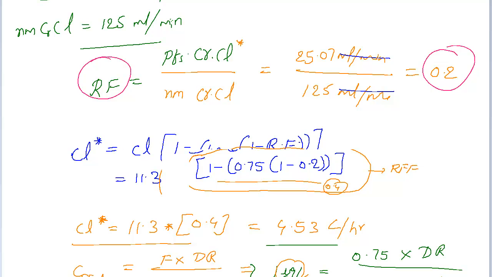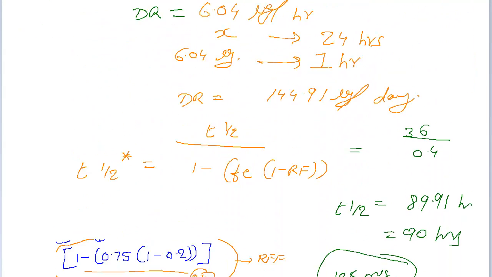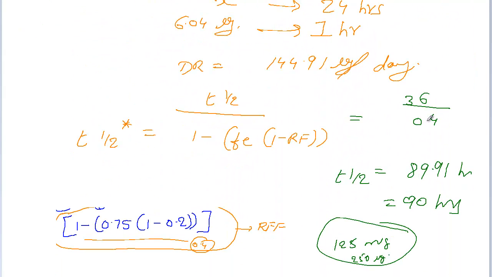If it's cleared 100% in a normal patient, now because only 20% of the nephrons are working properly, the patient is able to clear only a smaller amount of the drug per hour. So there is a reason why you noticed a decreased clearance and an increased T half in a renally impaired patient. Okay, so that's all for now.